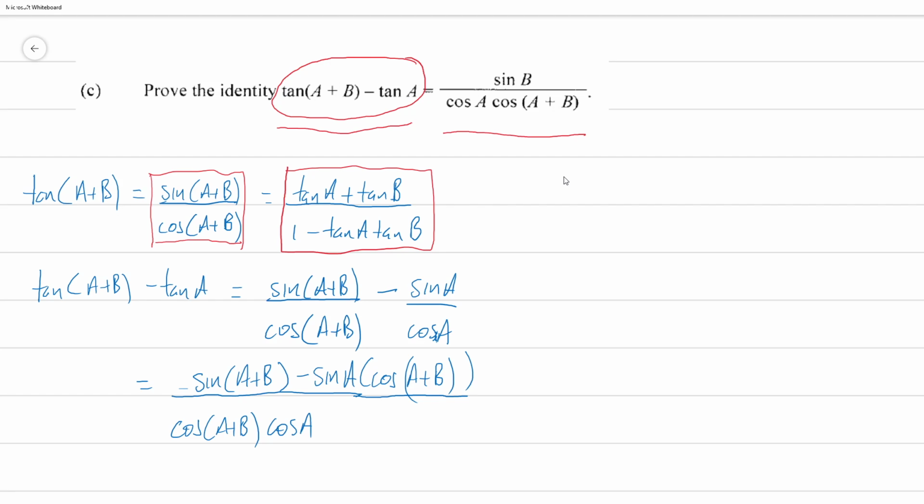Okay, so where do we go from here? Sorry, I left out a cos a over here. I will re-explain. I left out a cos a when I multiplied.